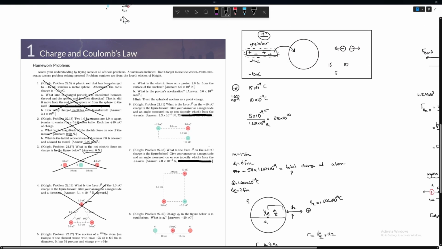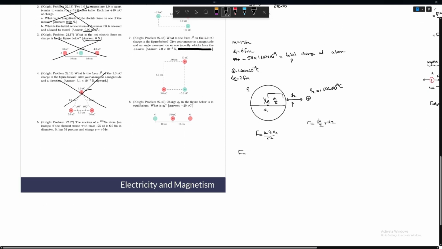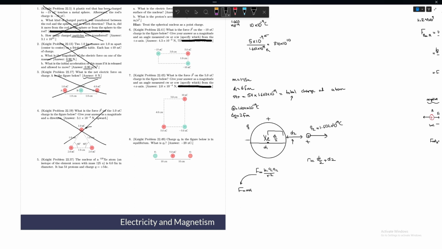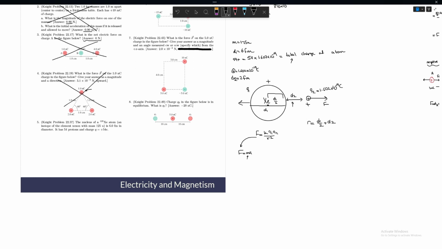Now, what is part B? What is the proton's acceleration? Obviously, you'll have F equals ma. Whatever force you get from here, you plug in here. We know this whole charge is positive, and the proton is also positive, so they repel. This goes that way, and this goes that way. That is the force you'll be getting. This force equals ma, so whatever force you get, you plug it in, along with the mass of the proton.